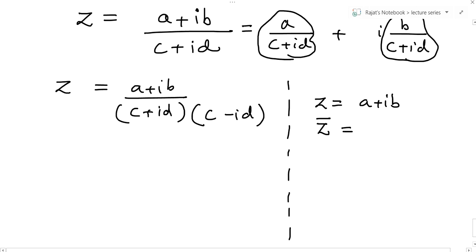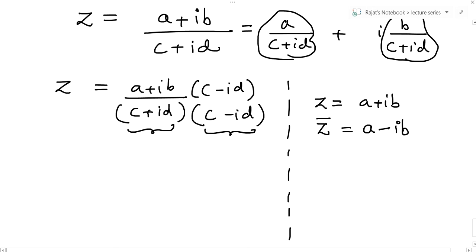We do not touch the real part but we change the sign of the imaginary part, so this will be a minus ib. Here the complex number is c plus id, so its conjugate will be c minus id. So we multiply the denominator and numerator by the conjugate of the denominator.